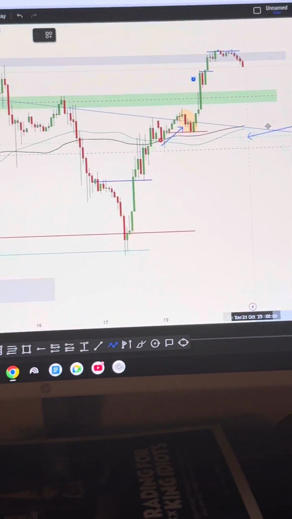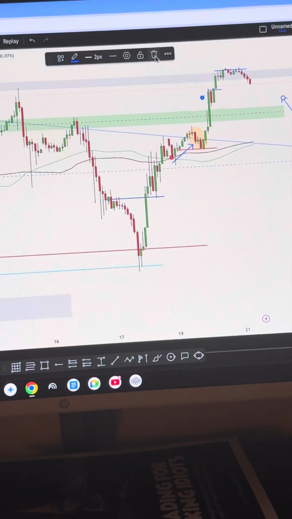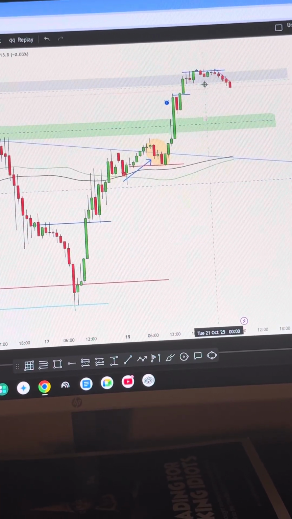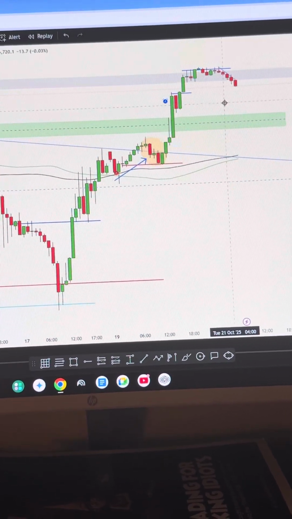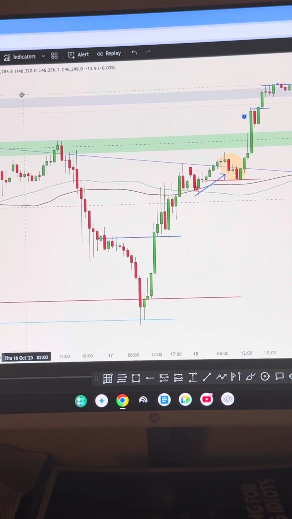You get me? So this is how I like to look at things. When price got around here, I was very, very surprised at what it was doing actively.